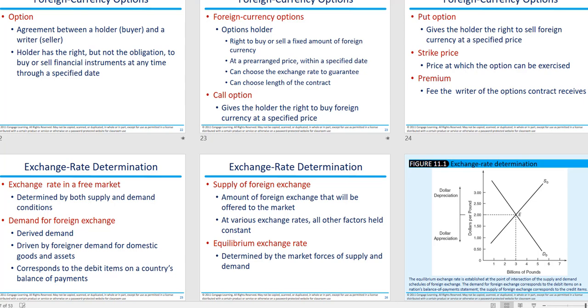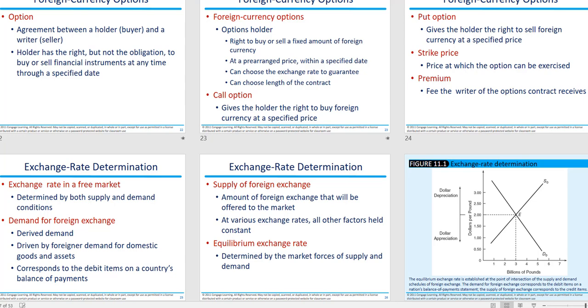With the option, what you are acquiring is the option to exercise the right to buy or sell in the future at an exchange rate determined now. So if it's not in your interest to exercise that option in the future, when the expiration date comes, then you can freely not exercise it without penalties.